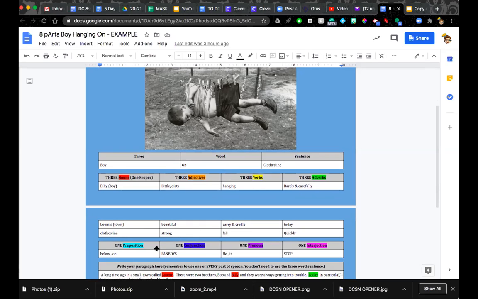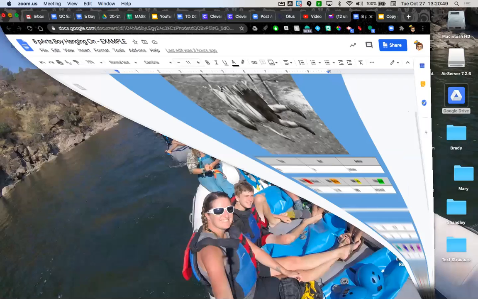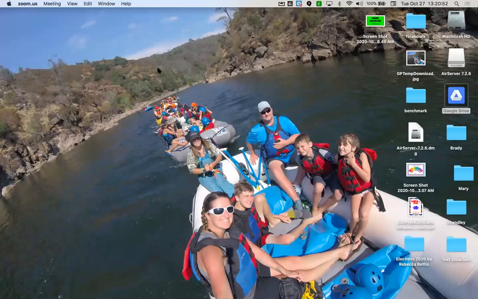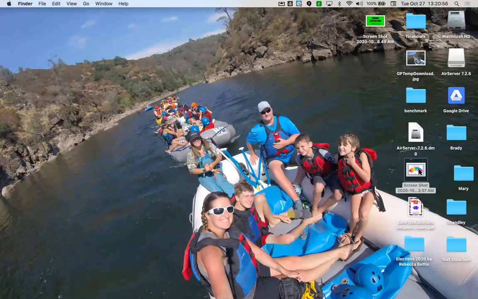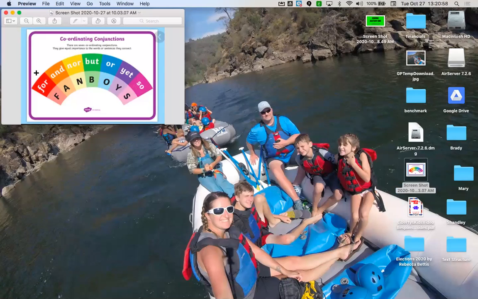Conjunctions. This just says fanboys. Fanboys is a way to think about conjunctions to help you remember them all. Let me show you this little graphic here. Real quick to show you what the fanboys stand for. Let me bring up this picture real quick. So fanboys is for, and, nor, but, or, yet, and so.